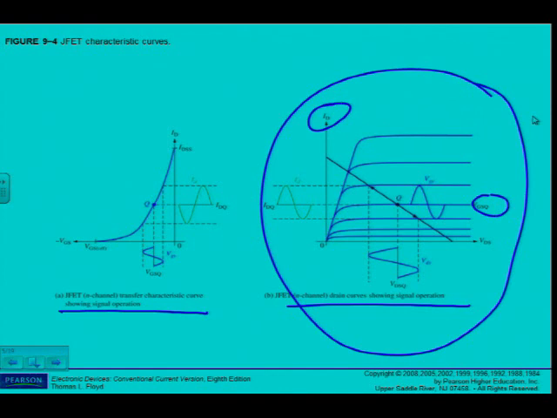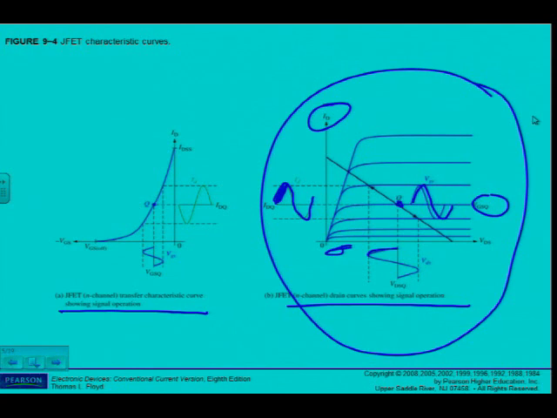Alright, but I can see on here from the Q point, as I increase and decrease around the value of the Q point, I can also see that ID increases and decreases. But because it's 180 degrees out of phase, if ID increases, and then of course I can see it's moving towards the 0 point, I can see then that VGS is decreasing, 180 degrees out of phase.